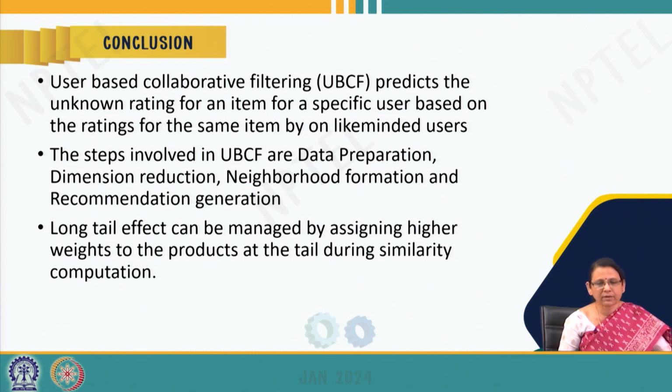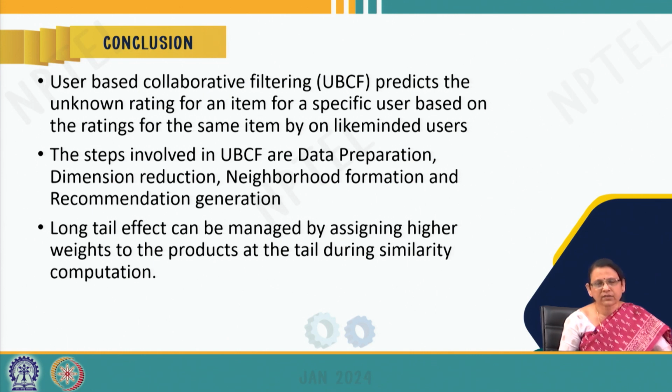The user based collaborative filtering predicts the unknown ratings for an item for a specific user based on the ratings of the same item by the like-minded users. This like-mindedness is found out by computing the similarity. The steps involved in UBCF are data preparation, dimensionality reduction, neighborhood formation and recommendation generation.